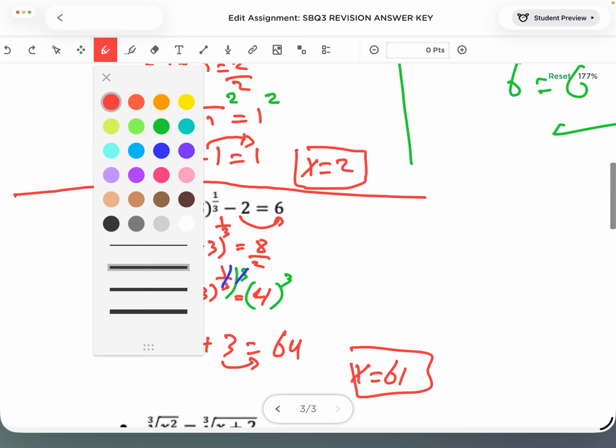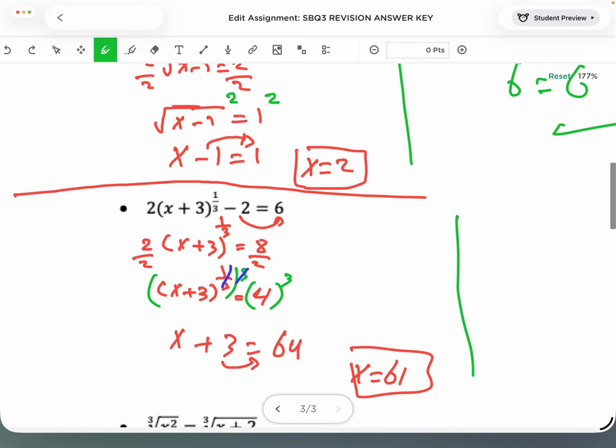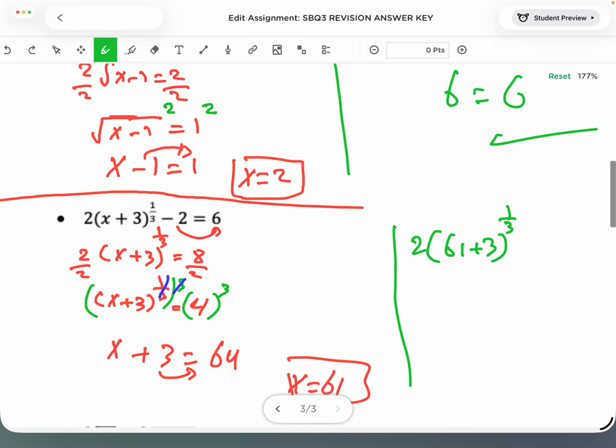Now I have to check. Is it true that 2 multiplied by x, which is 61, plus 3 to the power 1 over 3, minus 2 gives me 6? Let us take it step by step. Now I need to find the value of this.